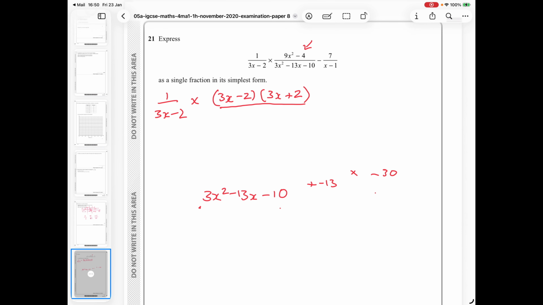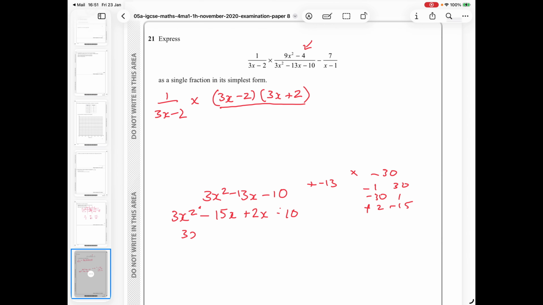That's 2 and 15. So it's minus 2 and 15. No, it's plus 2 and minus 15. Okay, so 3x squared minus 15x plus 2x minus 10.